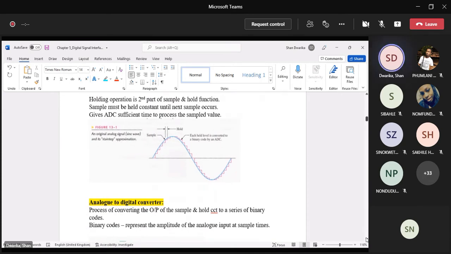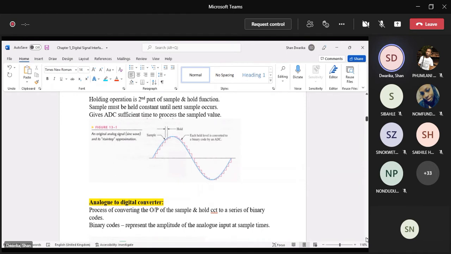Okay, so here again, you can see that your analog signal is shown there in blue in the sine wave, and each step is being sampled, and that is what is being held in the sample and hold section.